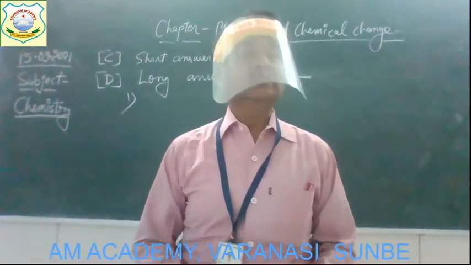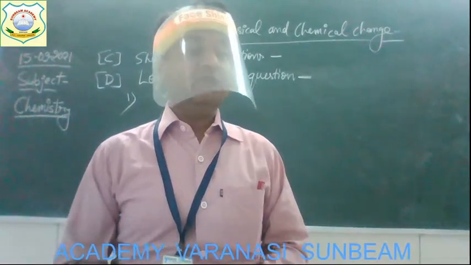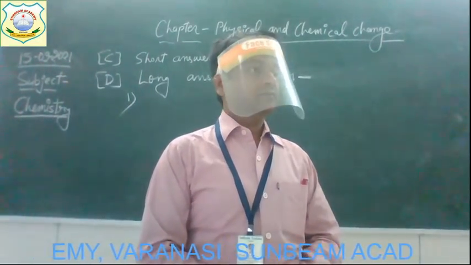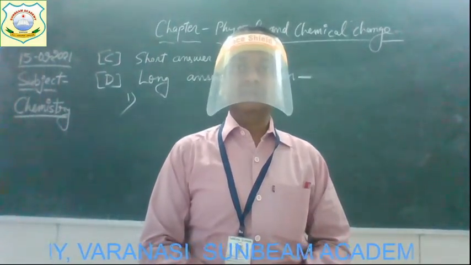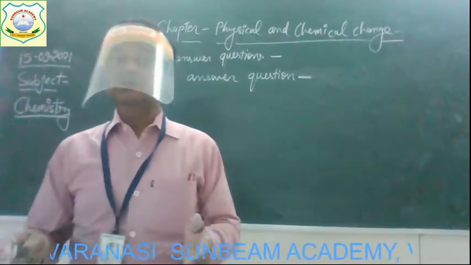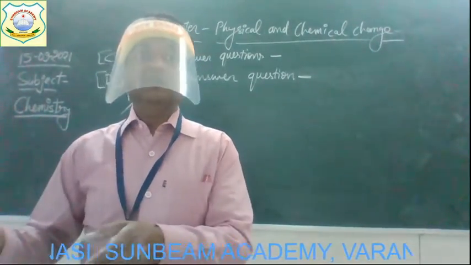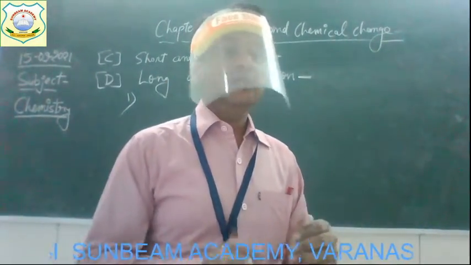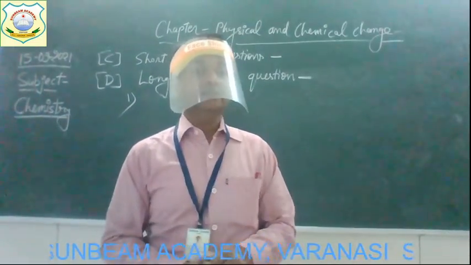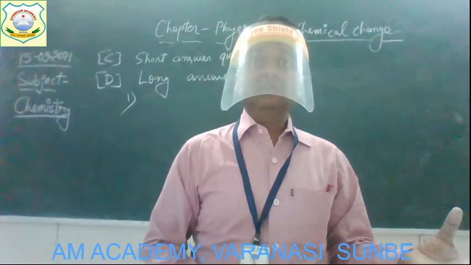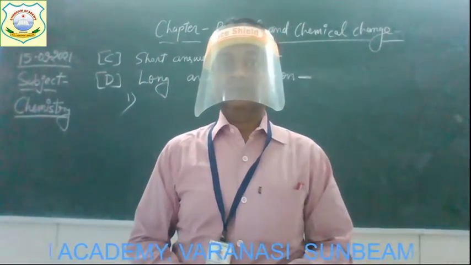And the question is, discuss the methods by which rusting of iron can be prevented. Understood the question? How can we prevent the rusting of iron? How can we stop the process of rusting of iron? So simply children, you have to write here the methods, the ways, the process to stop the rusting.